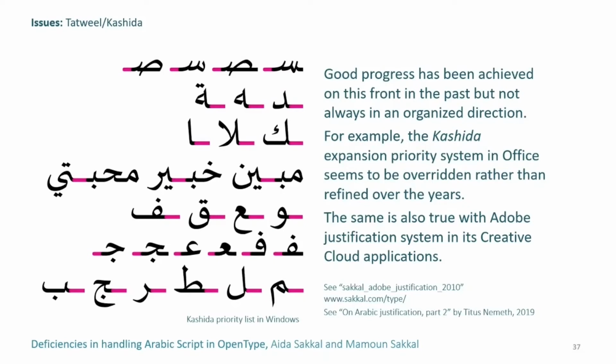For example, the kashida expansion priority system in Office seems to be overridden rather than refined over the years. On the left, you can see the priority that's given to locations where kashida would be added in this system, after sin and sad, before dal and he, before kaf, lam alif and alif, especially before the letter connecting to a final rising ligature.